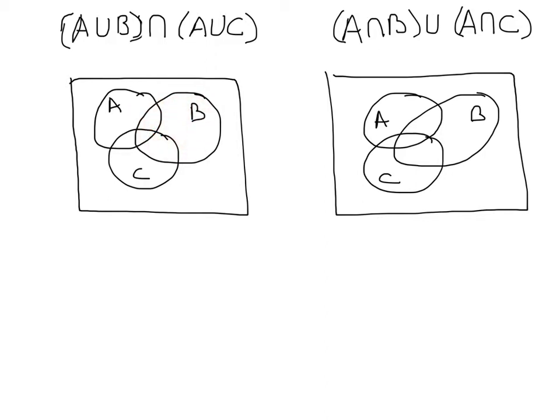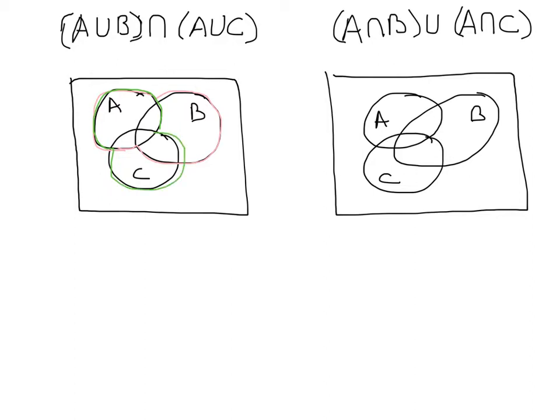In fact, let me just take a marker. A union B is, I'm going to draw around here, that whole thing. Okay. A union C is going to be this idea.